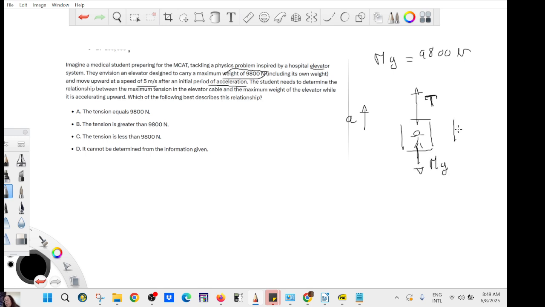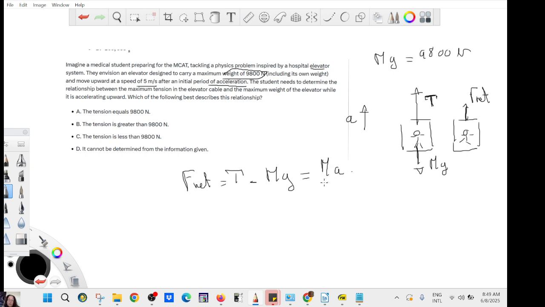The net force has to be upward to provide the acceleration here. So the net force will be the tension minus the weight, which equals ma.